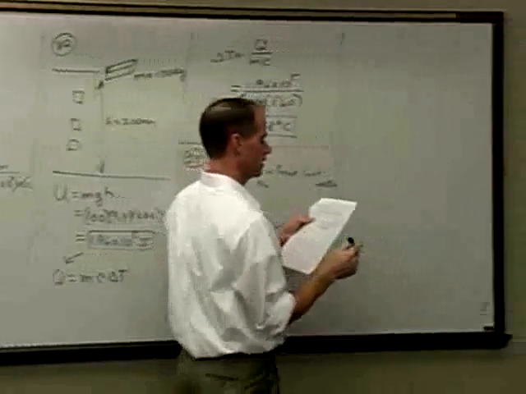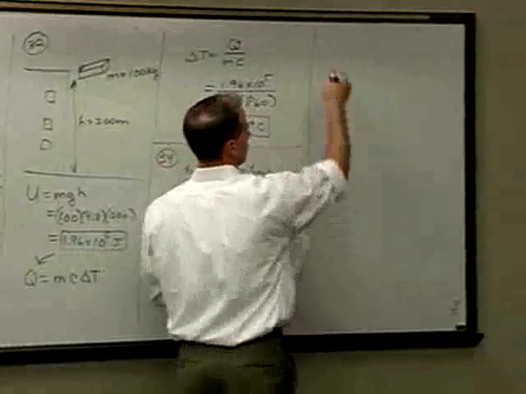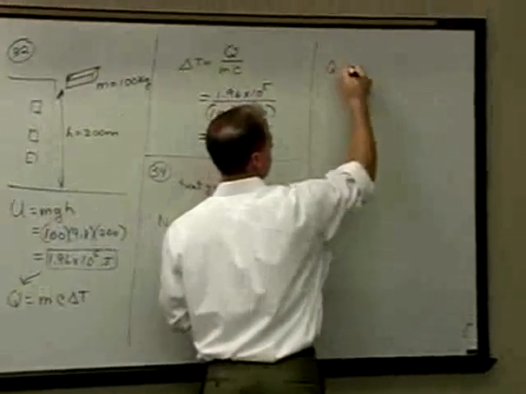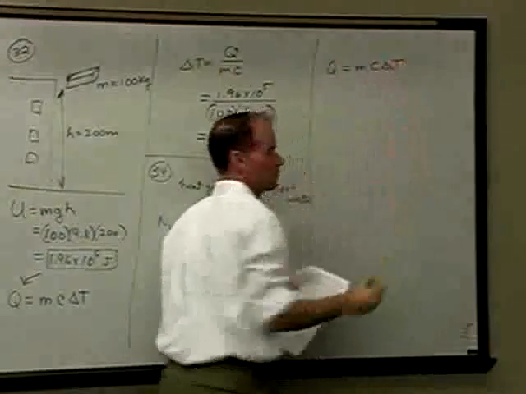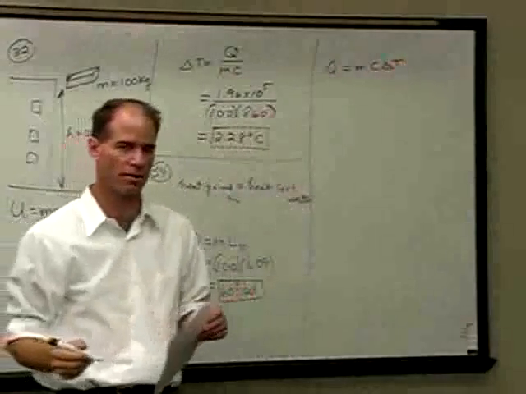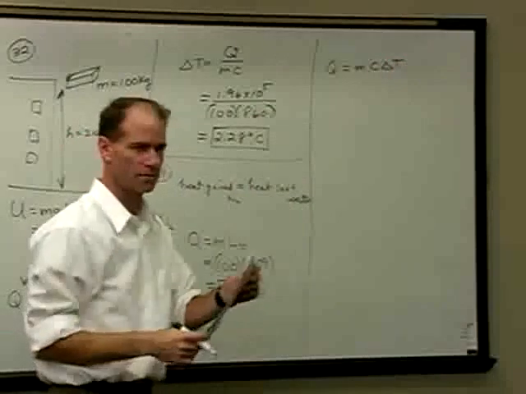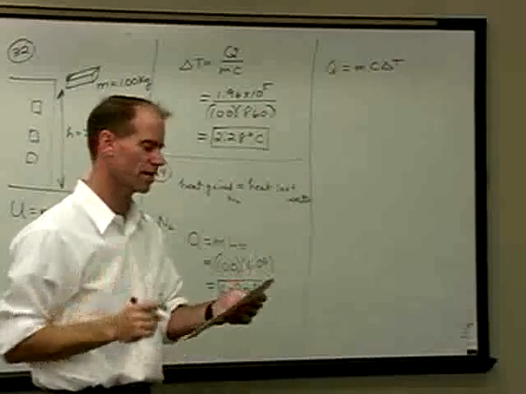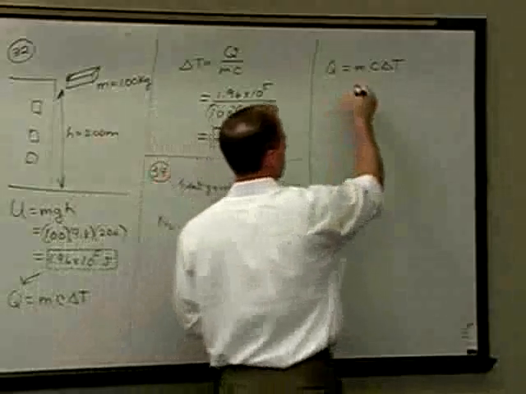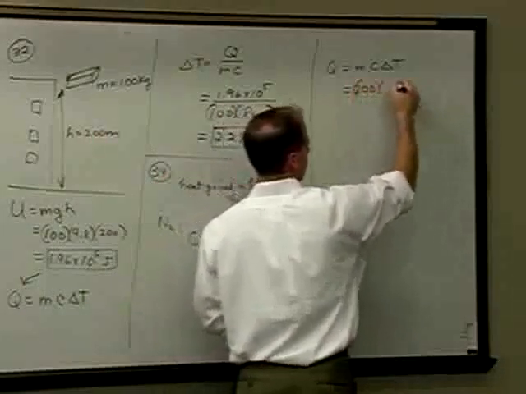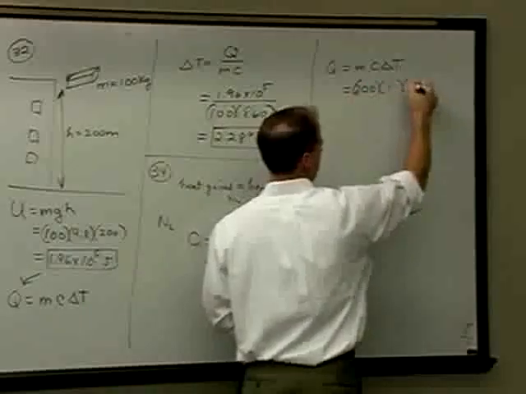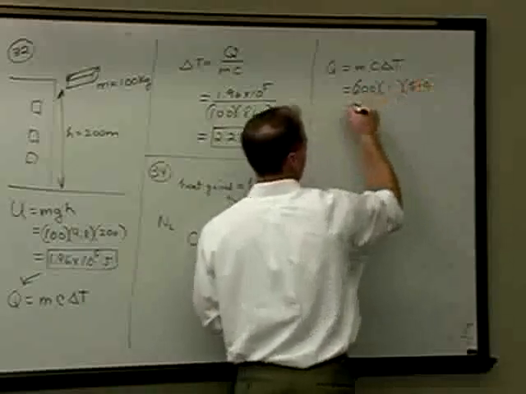Well, the energy needed to cool water from 5° centigrade down to 0° centigrade would be equal to the mass of the water times the specific heat of water times the change in temperature. And that energy for 200 grams would be 200 times 1 times 5 minus 0.